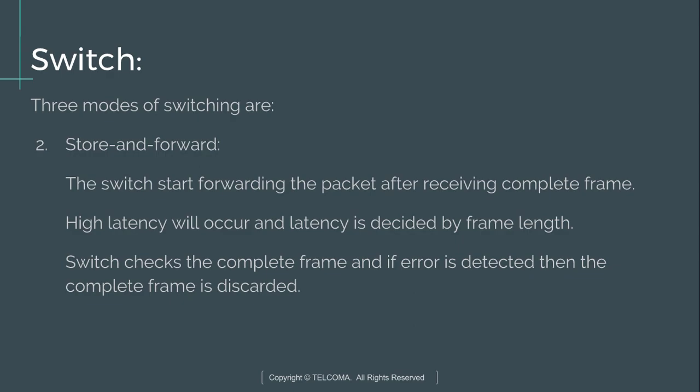If the frame length is large, then the delay is also large, and if the frame length is small, the delay is small. The switch checks the complete frame, and if an error is detected, it discards the whole frame. So this is the concept of store and forward.